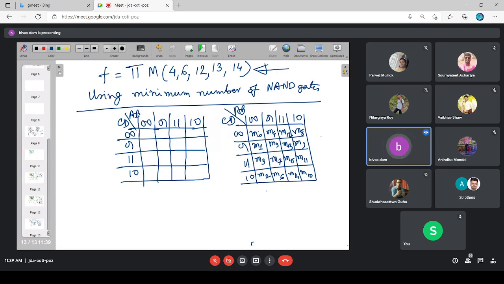So where will that max term 4 be? Here. 0, 1, 2, 3. Whether it is max term or min term, coordinate wise, they remain the same. Only thing is, if it is max term, it will contain 0. If it is min term, it will contain 1. That's all. You got my point?